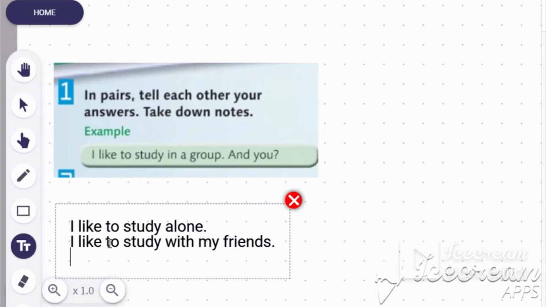Or you can make another sentence with another type, like I remember the words most when I hear them, read them, or say them. Or you can use the sentences in this page.